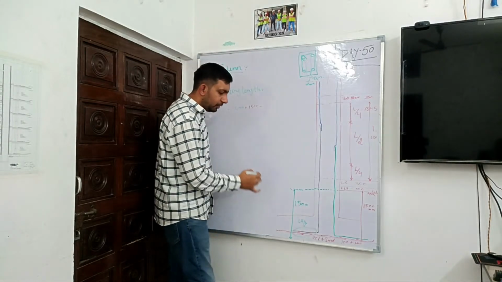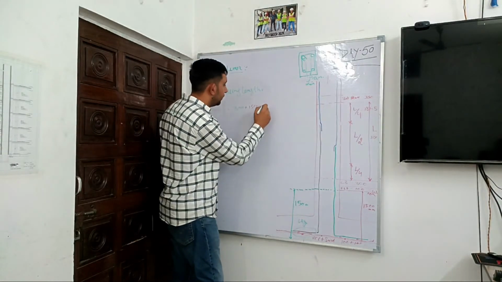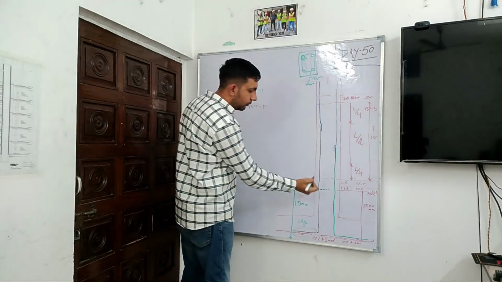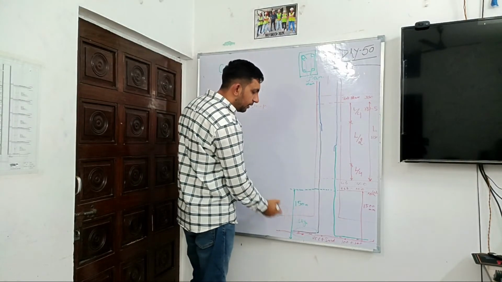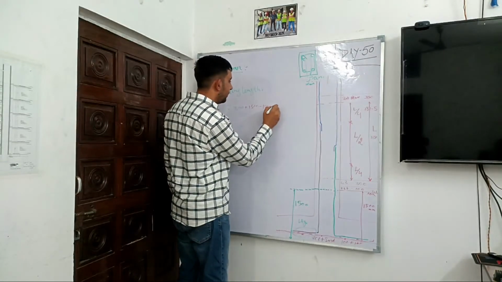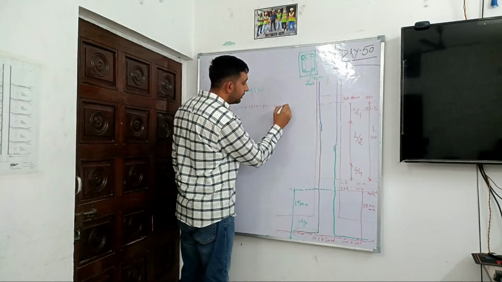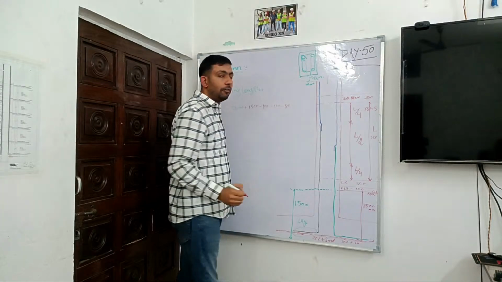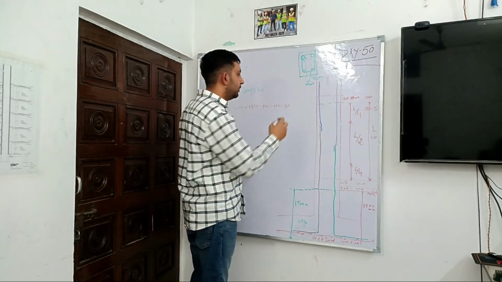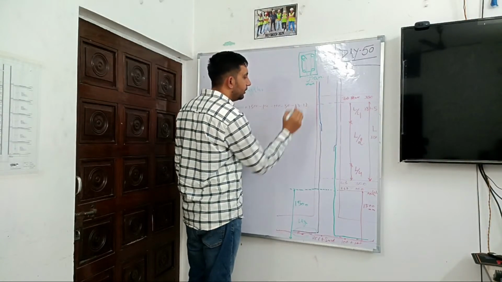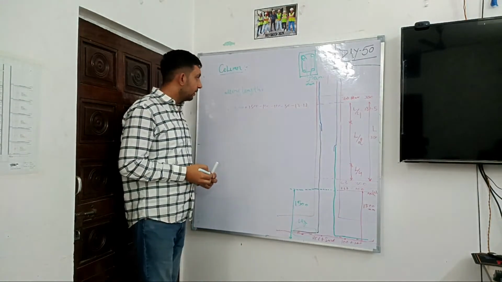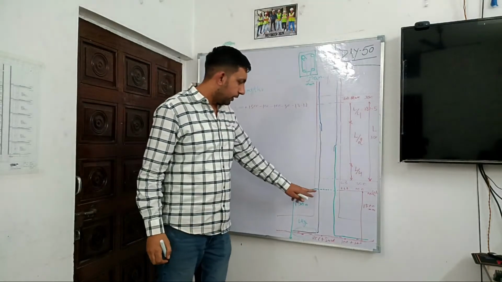So 1500 minus 100 minus 100 minus 50 is the work in the foundation below the mesh, and then 50 mm, then 12 mm dia, and then another 12 mm dia, which will take us to this point.